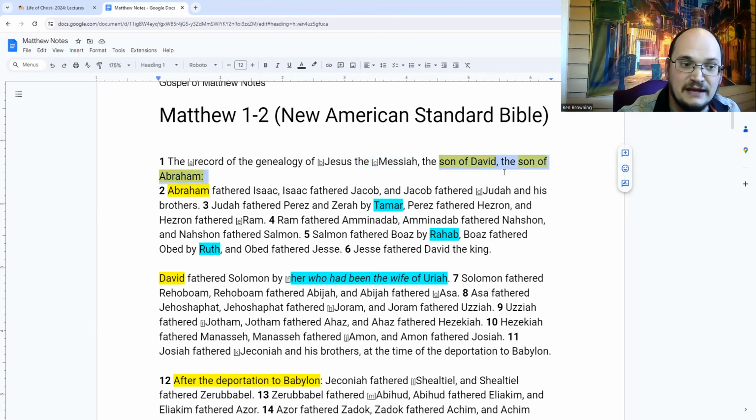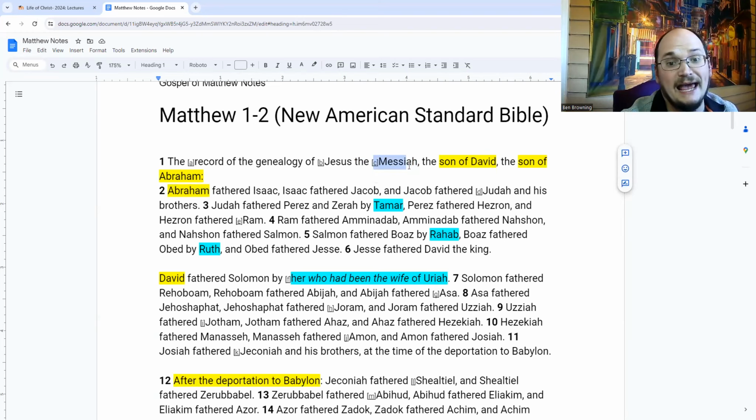Next, he's the son of David, and he's a son of Abraham. Now, this is important because if we look at the genealogy here in Matthew, the genealogy goes back to Abraham, the beginning of Israel, because Matthew is writing to an Israelite audience, proving that Jesus is the Messiah.